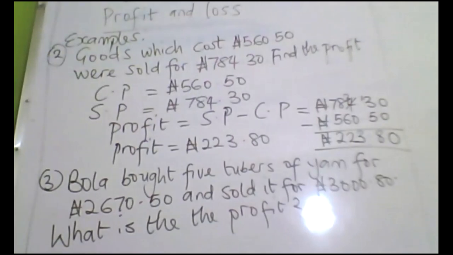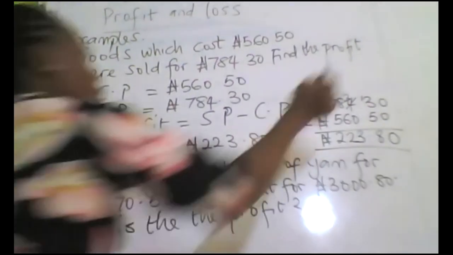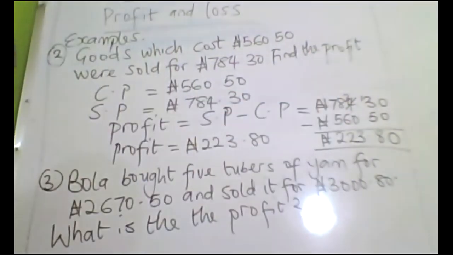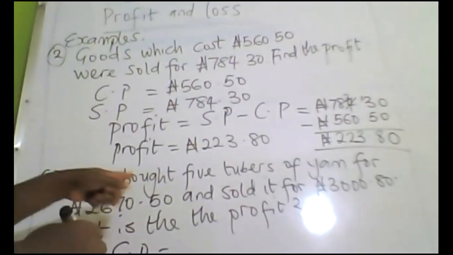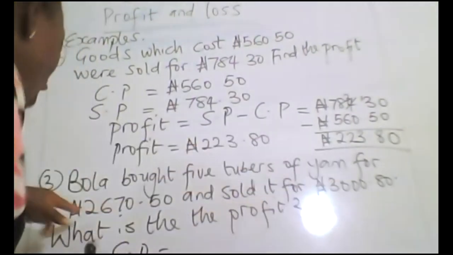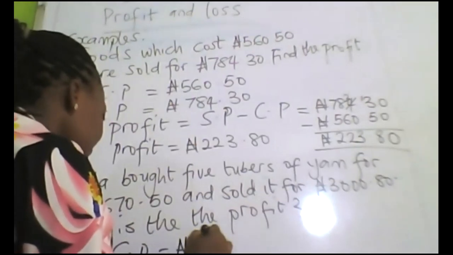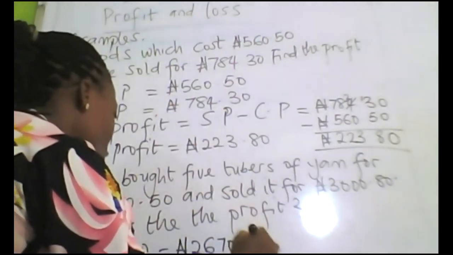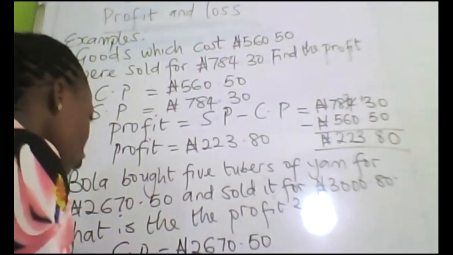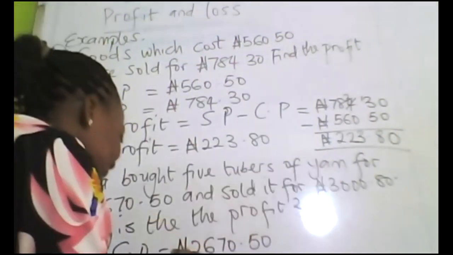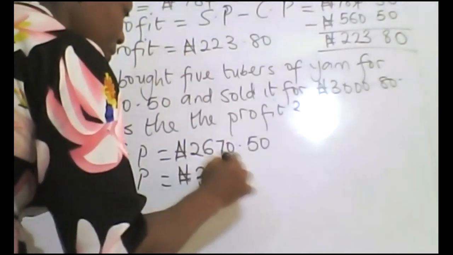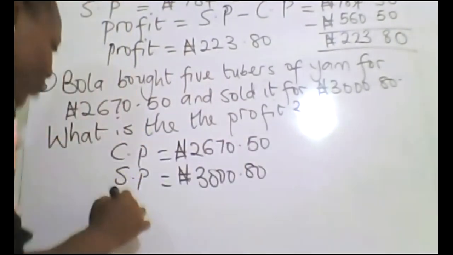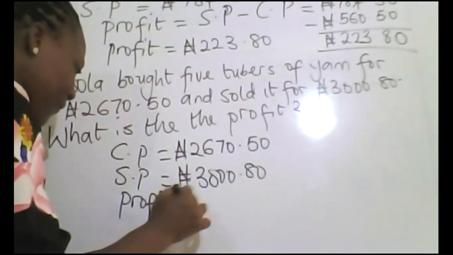Now, remember the first thing that we'll look out for. What's the first thing we'll look out for? Good. Cost price. What is the cost price there? Bola bought 5 tubers of yam for 2,670 naira 50 kobo. Then the selling price, sold it for 3,080 naira. Profit, always remember to write your formula.